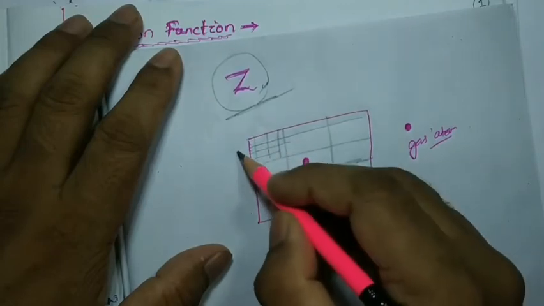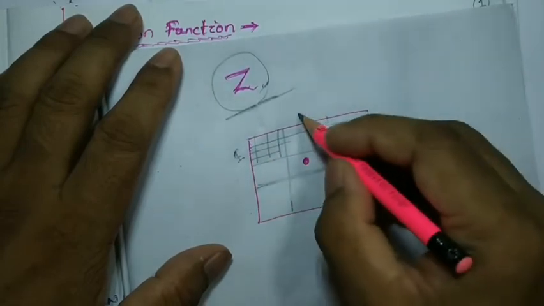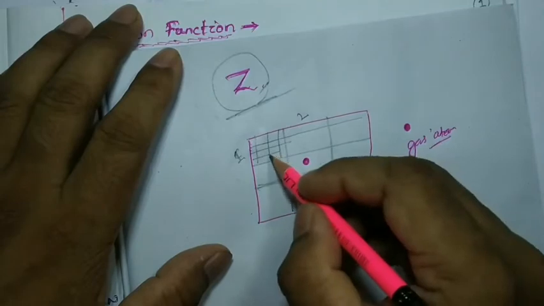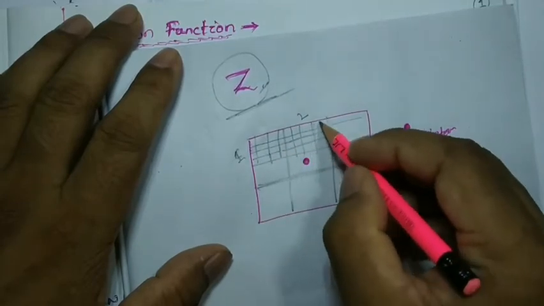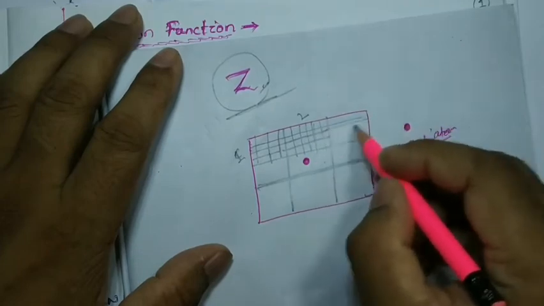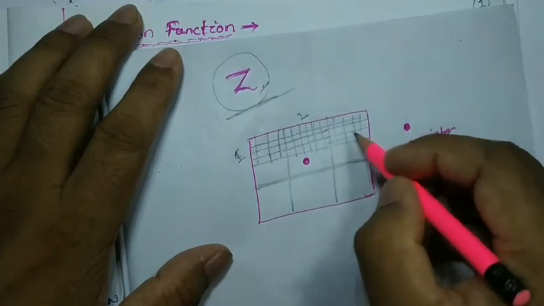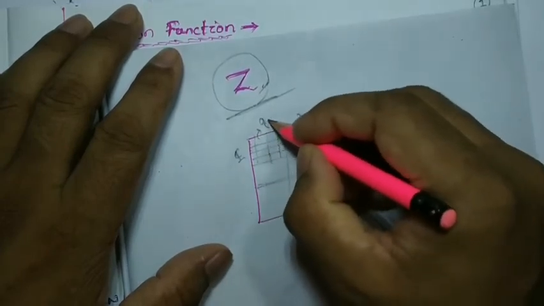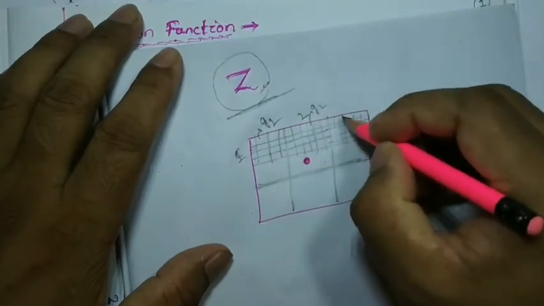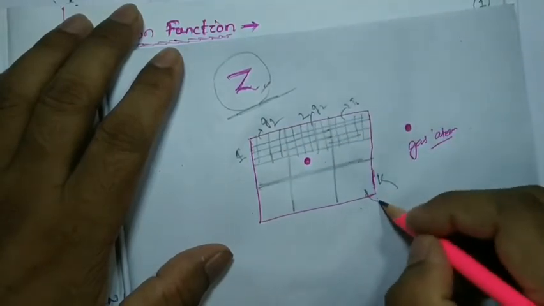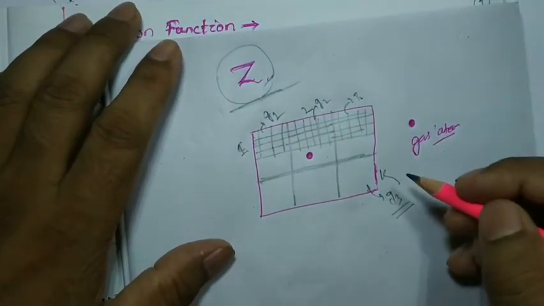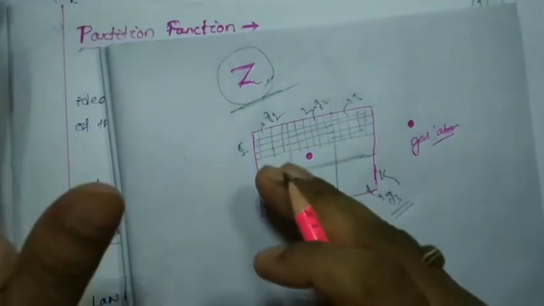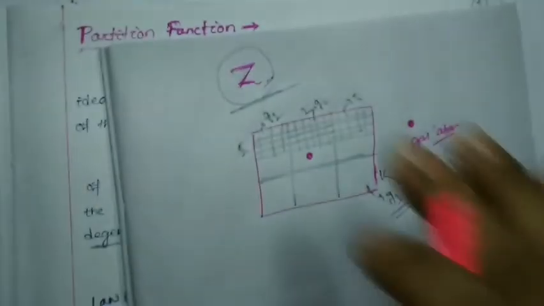So this is compartment 1, 2, up to k, and each compartment is divided into a large number of elementary cells, G1, G2, G3, up to Gk. We discussed these things when we discussed microstates and macrostates.